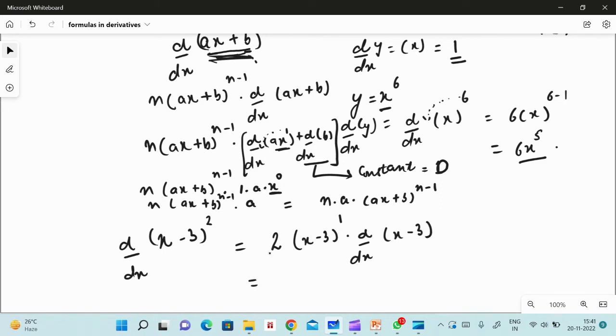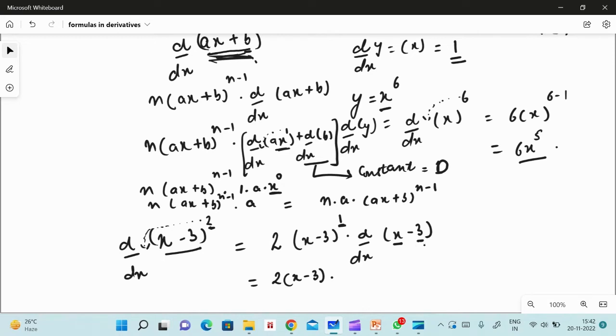Okay, so see this 2 will come here, and in the power I will get 2 minus 1. So I will get 1 here, right?